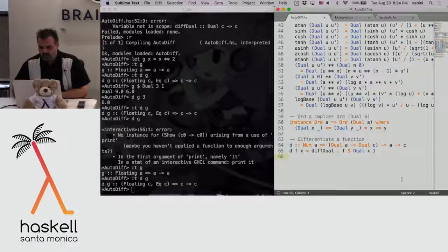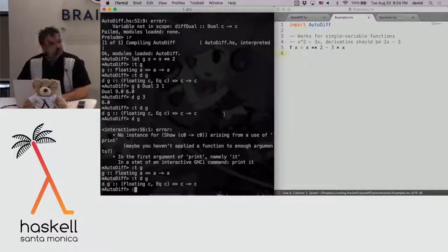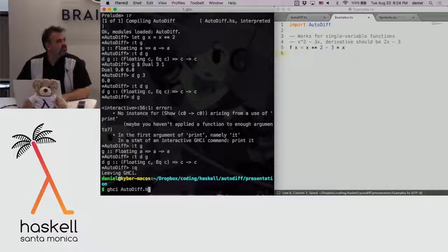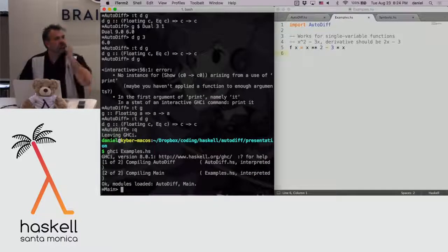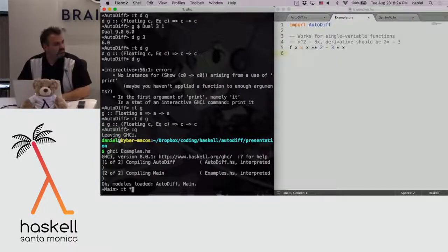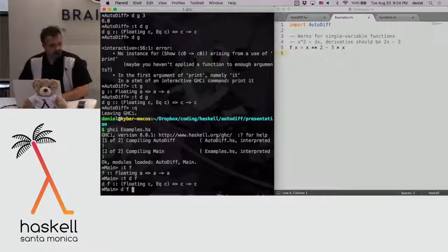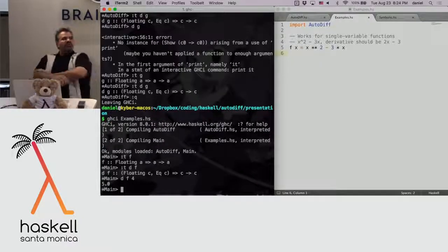Okay, so I have some examples prepped. Our first example is a function. We already saw a couple of functions, and we can take their derivative. So we get the derivative of this function.